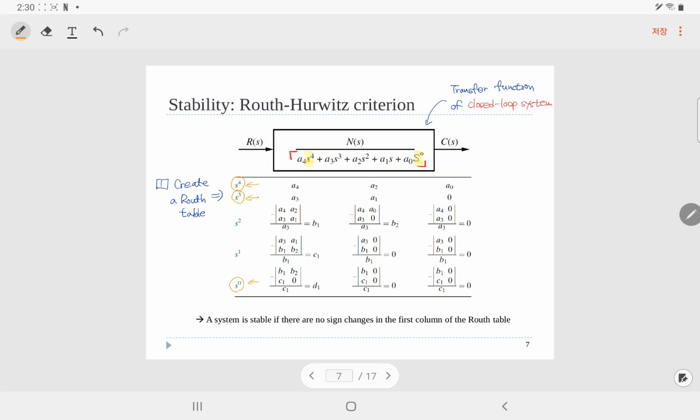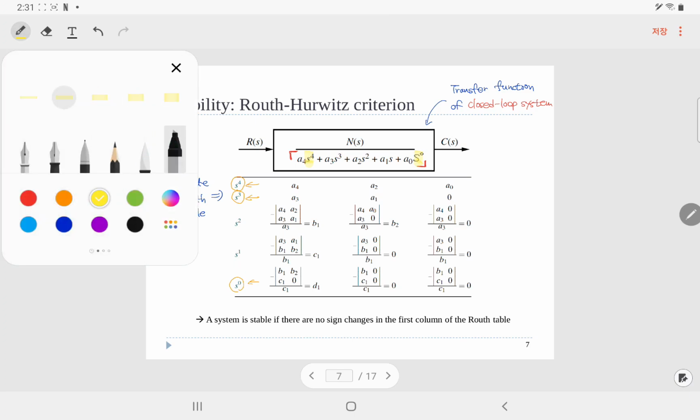Then next we fill the first two rows of the table by using the coefficients of the denominator in the transfer function. Here the coefficients mean A4, A3, A2, A1, and A0, and by using these coefficients we fill the first two rows, like this one.